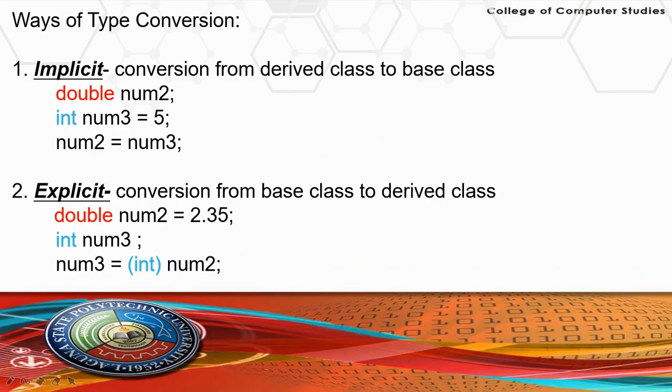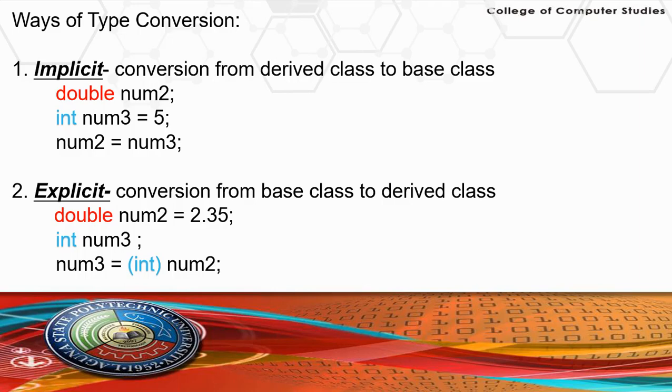So there will be no problem with this one. Okay? Explicit conversion is from base class to derived class. So here we have double num2 is equal to 2.35, and int num3. Now, if you try to assign the value of num2, which is of double type, to num3, which is of type int, it is incompatible.